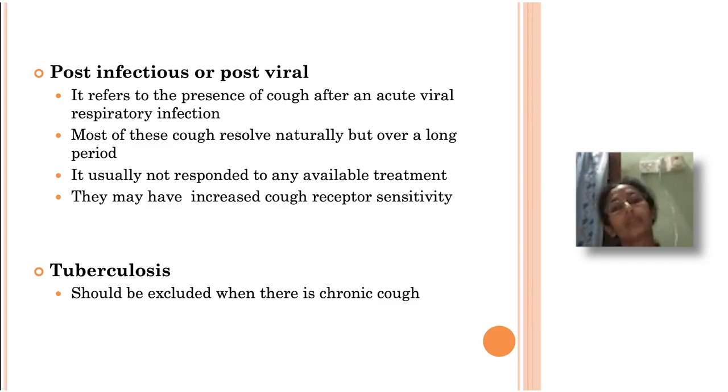It usually does not respond to any available treatment, like the normal treatment of cough. They may have increased cough receptor sensitivity, and because of this, post-infectious cough has a prolonged period of cough. When a child presents with a prolonged cough, we have to think about and exclude infections like tuberculosis.